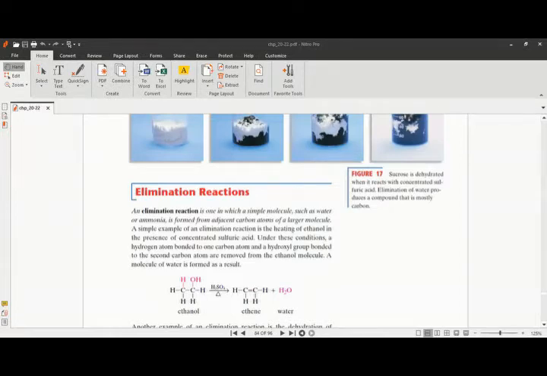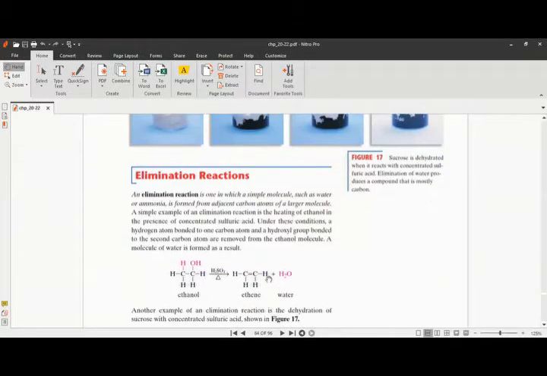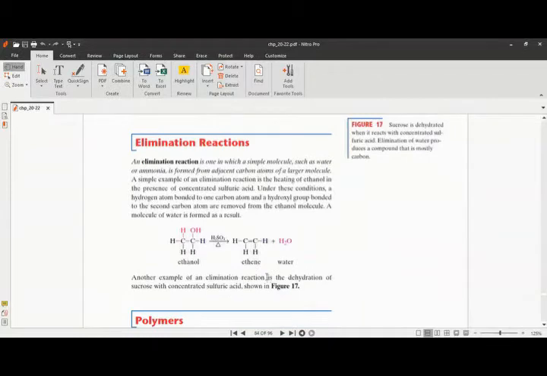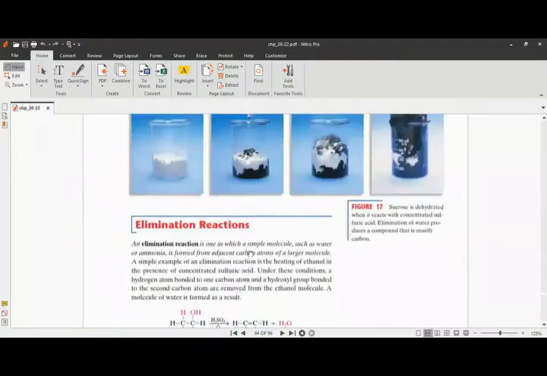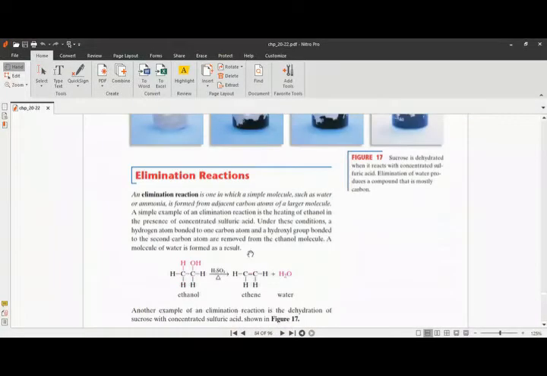Elimination reactions means that a simple molecule such as water or ammonia is liberated from the molecule. For example, if you have ethanol, you remove water, the hydroxyl group plus a hydrogen atom, to form ethene, which contains a double bond here. So the elimination and the addition reactions are opposite to each other.